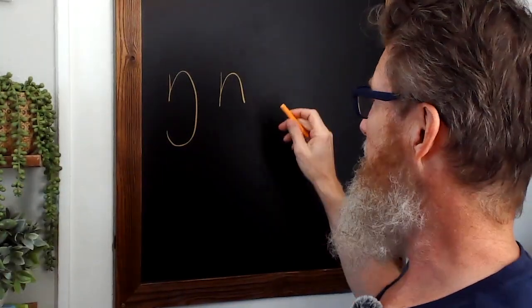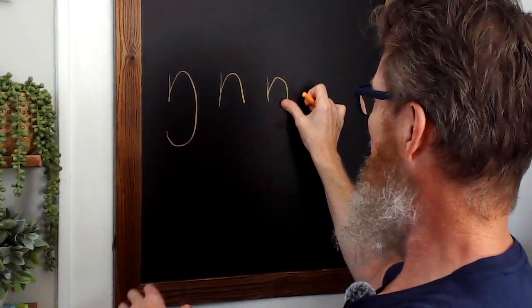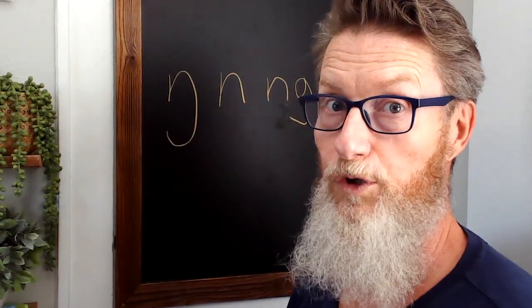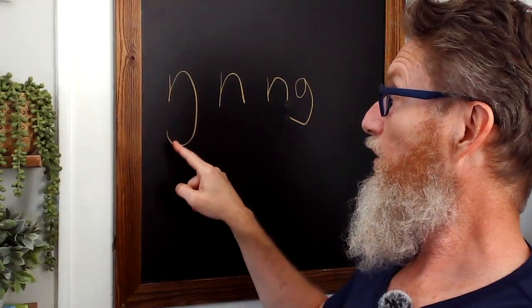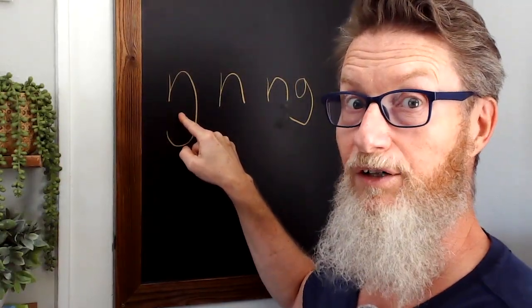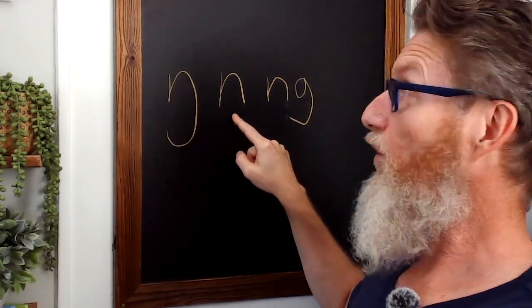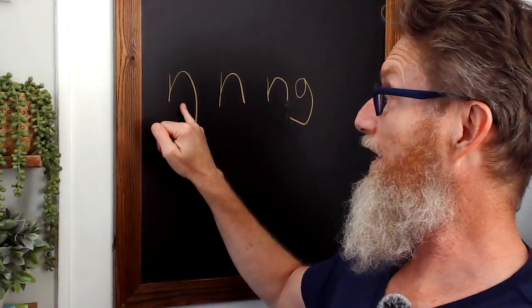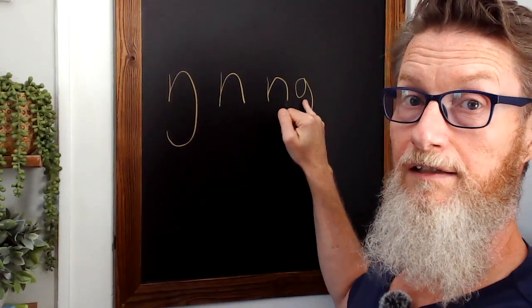Now, the reality is, if I wanted to write it as an N instead of an NG, and then a G, that would be thinkin' at the end instead of thinking. Or if I did this for a word like sing, it would turn into sin-g.